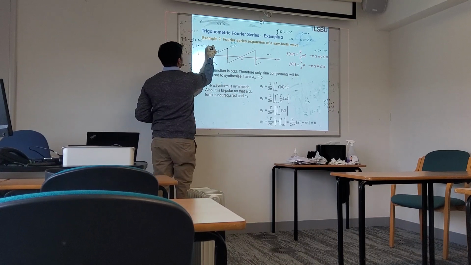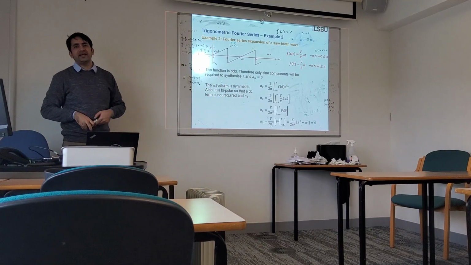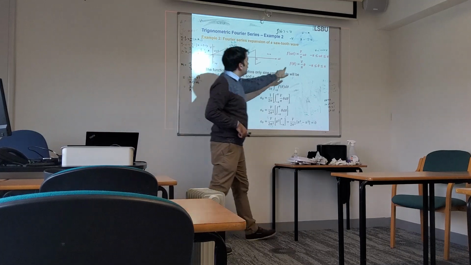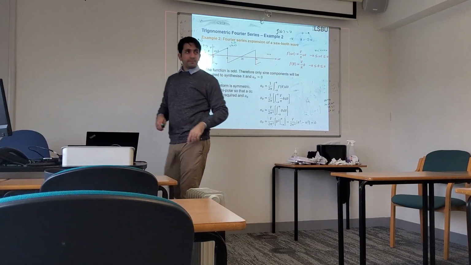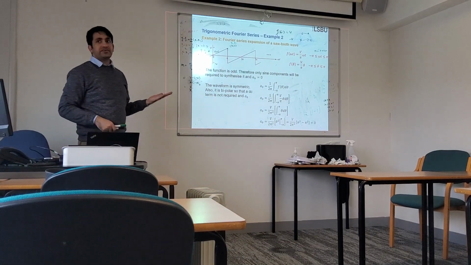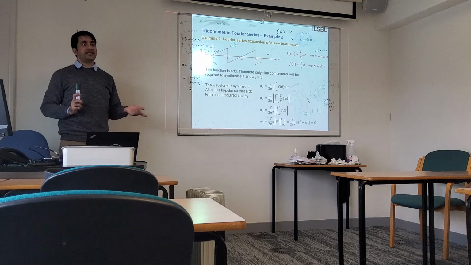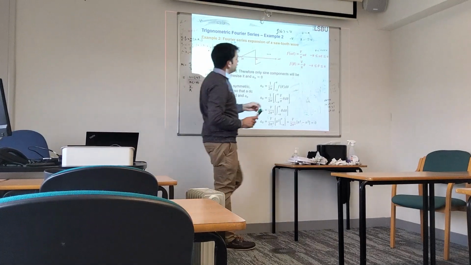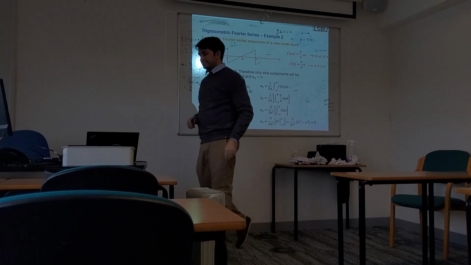So y equals v by pi x. And here x is omega t, right? So our function is v by pi omega t from minus pi to pi. And since for the purpose of integration we replace omega t with theta, you can see that we write v by pi theta from minus pi to pi.